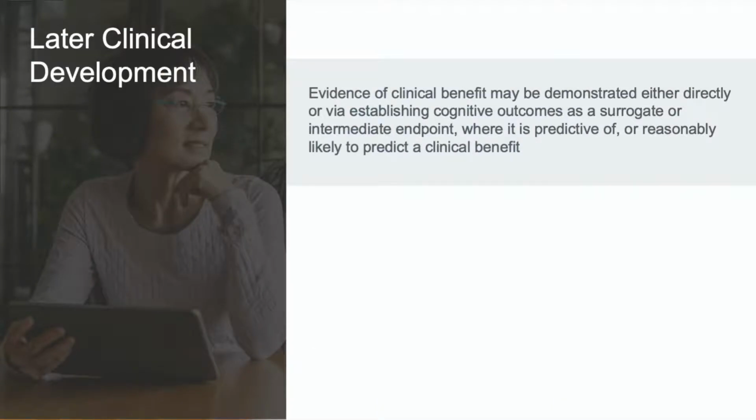When we start to think about later clinical development, cognition may also be a target for specific studies of efficacy. And here, cognitive tests can be incorporated in a number of different ways in terms of the hierarchy of outcome measures and endpoints included in a trial.